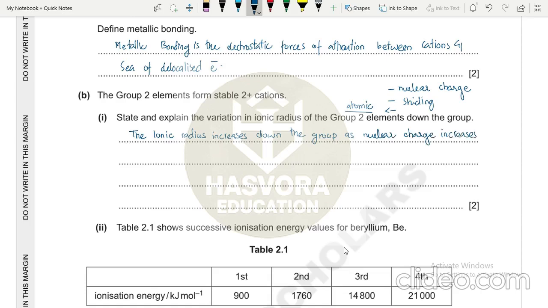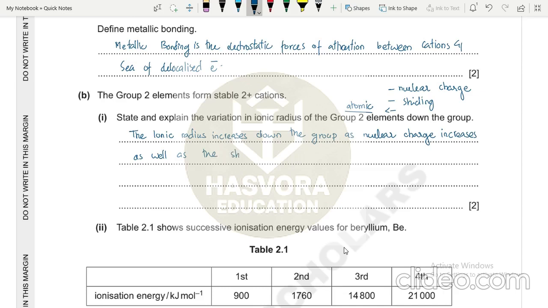So what does the nuclear charge do? It tries to shrink the atom, because the nucleus is pulling the valence electrons towards itself. As the nuclear charge increases, the shielding also increases.